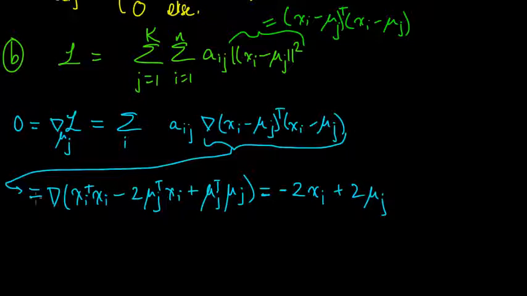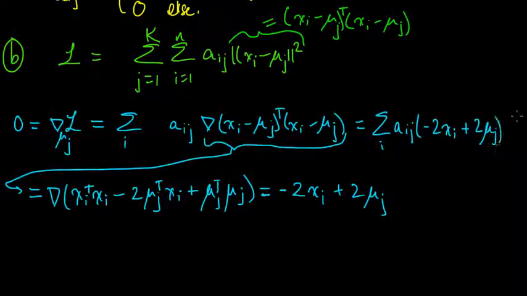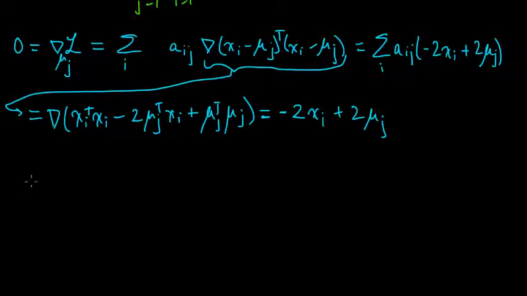And what do we get? If we plug those in, we get the sum over i of a_ij times minus 2 x_i plus 2 mu_j.